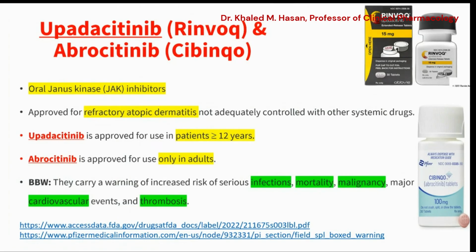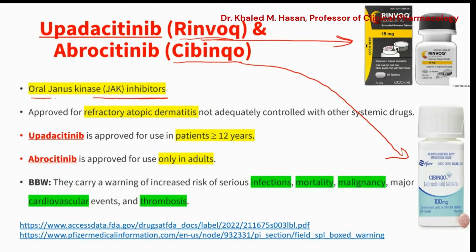We have 2 medications here. We have Rinvoq and we have Cibinqo. These medications belong to the JAK inhibitors, oral Janus kinase inhibitors. What I like about this medication is that it is a tablet, as you see here, so no need for injection.